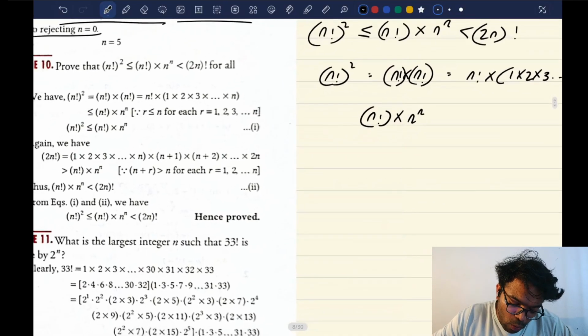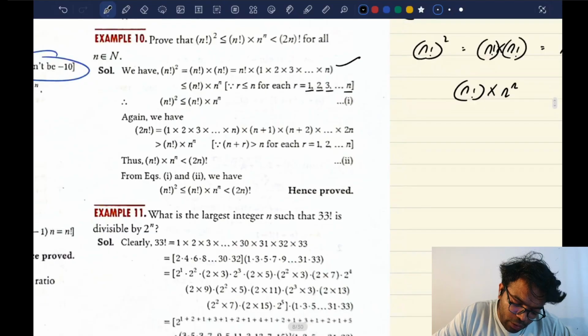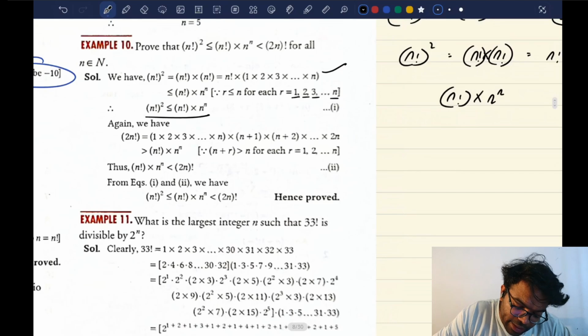Okay, now what do I get from this? N factorial the whole square is this value, n factorial into n to the power n, that is, r is less than or equal to n, for which r is equal to 1, 2, 3, up to n. Therefore n factorial the whole square is less than or equal to n factorial times n to the power of n. Okay, this is the reason why it is less.